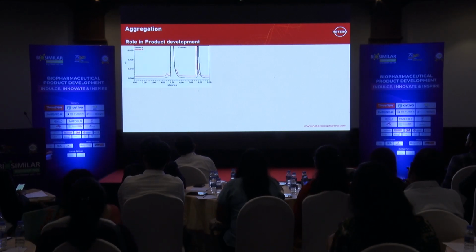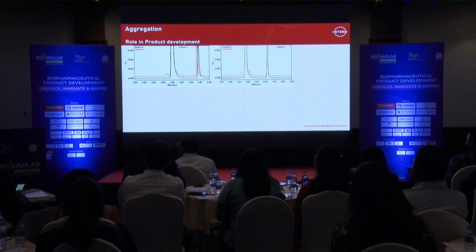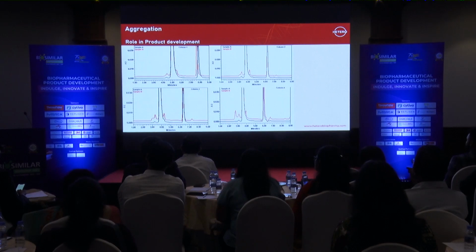So just to dig a little deeper into how aggregation can impact your process development. If you see this profile, you can clearly see that sample A is less aggregated than sample B. But now, if I evaluate the same samples using different columns, sample A's behavior is still the same, but sample B's behavior starts to change at the aggregate and at the low molecular weight level.